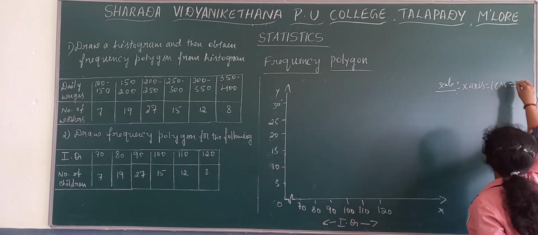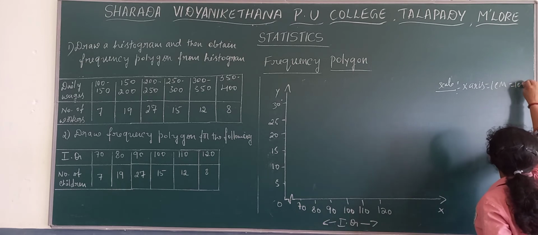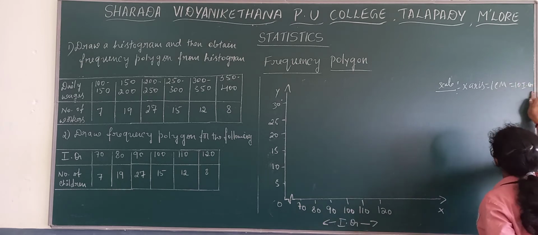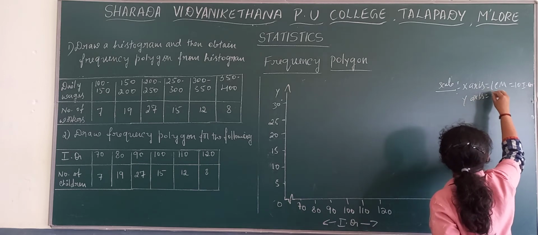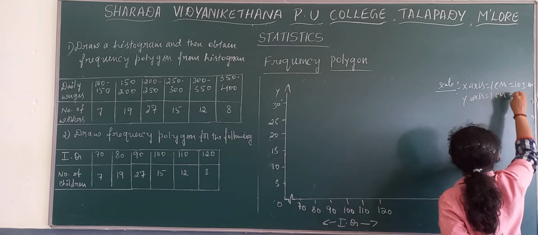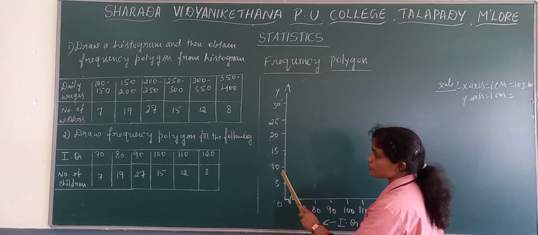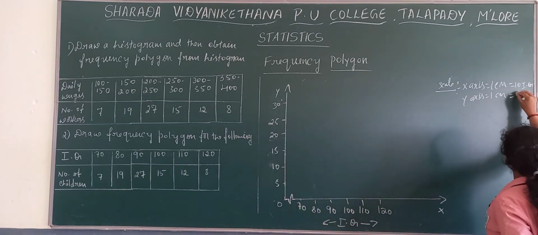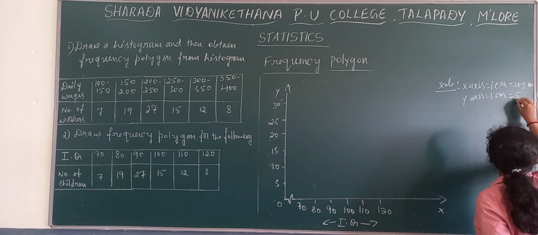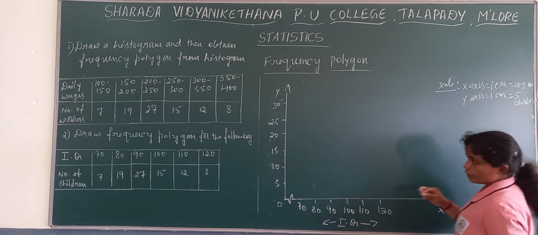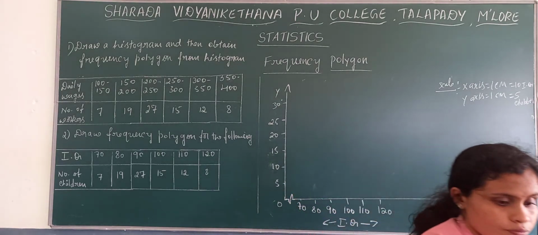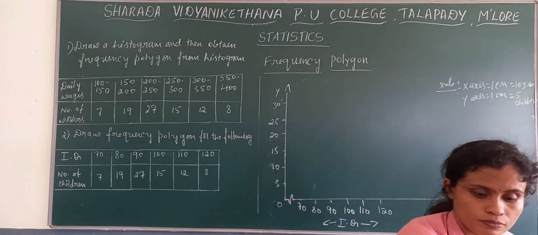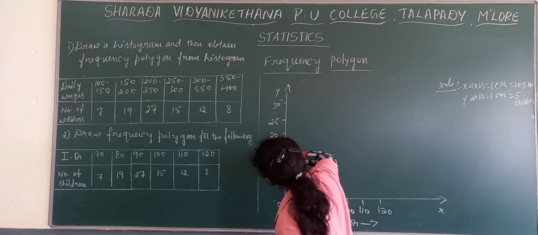Here, what are the units? 10 IQ. Then y-axis is equal to 1 centimeter. What do we represent? Number of children. So here 5 children. Right, here number of children.